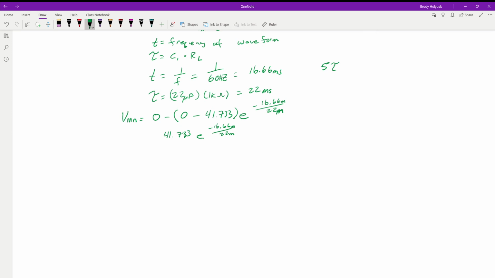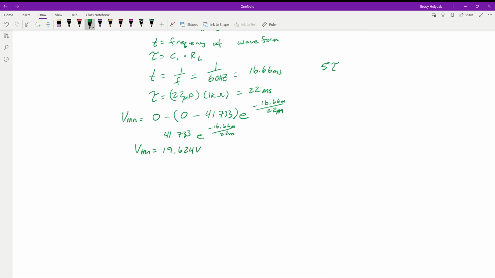I didn't type that into that calculator, so I'll get my other one that I can use better. What we end up with is our V minimum comes out to be 19.624 volts. Basically, it's going to start out at 41.7 volts and slowly discharge when the negative portion of the waveform has been cut off and there's no voltage going back into the capacitor to keep it charged. It's going to discharge down to this 19.6 volts.